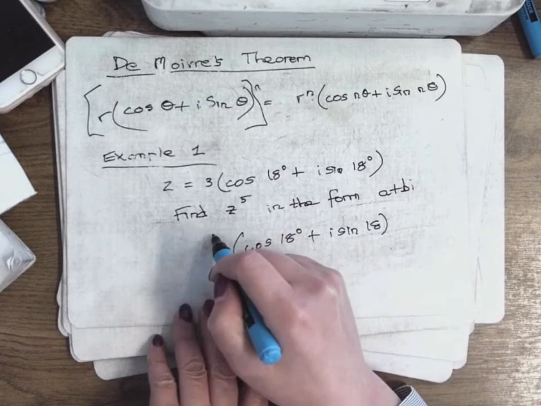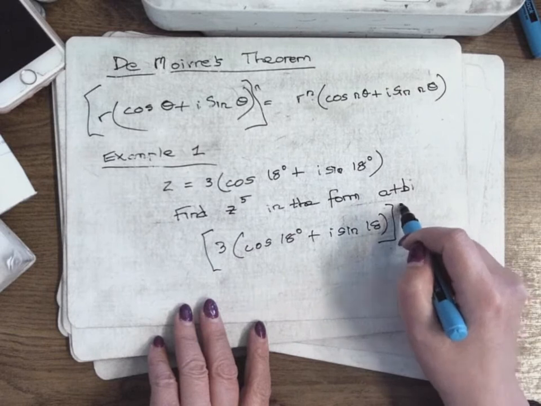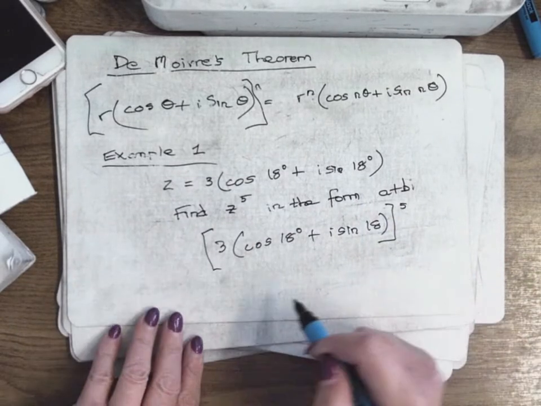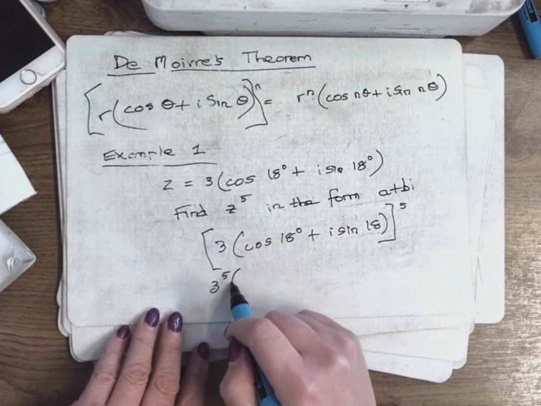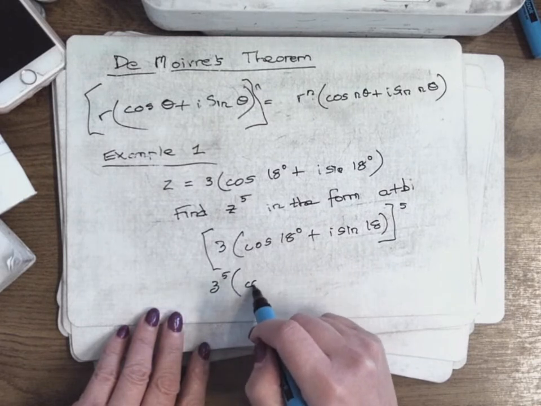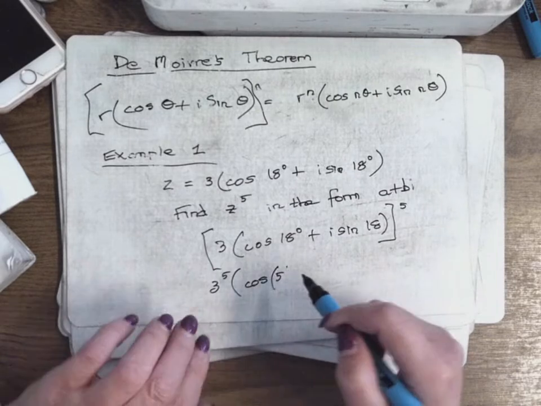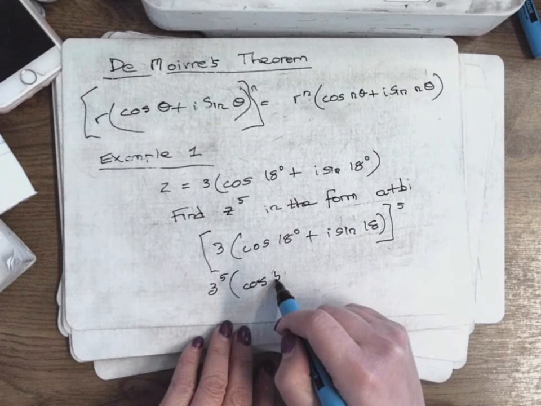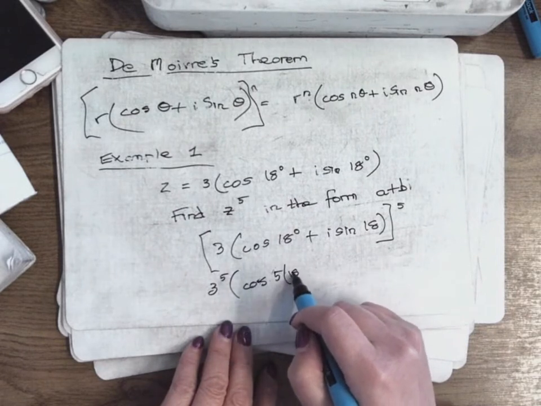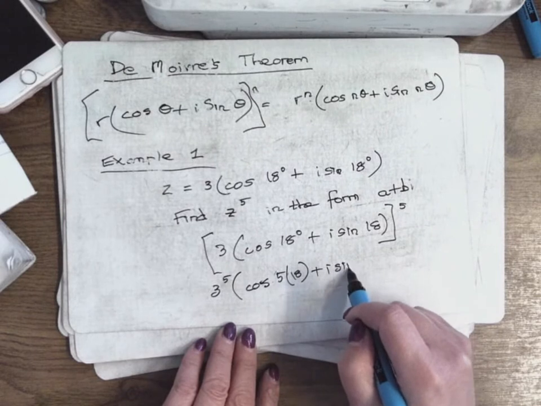You want to raise that all to the power of 5, because they want z to the power of 5. So it's the modulus 3 to the power of 5 multiplied by cos of, you multiply the angle by 5, so 5 multiplied by 18, plus i sin 5 multiplied by 18.